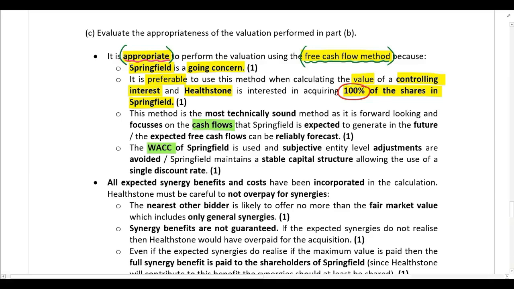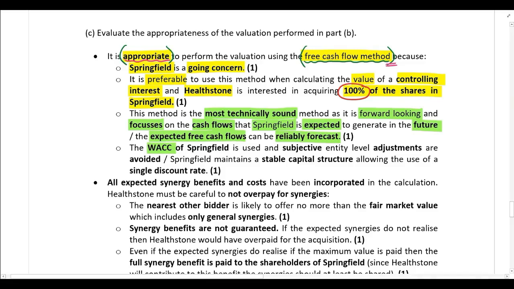First, you could have said that because we can reliably forecast the future expected free cash flows, it's appropriate to use the free cash flow method. Or instead of that, what you could have said is the free cash flow method is the most technically sound method because it is forward-looking and it focuses on the cash flows that Springfield is expected to generate in the future.